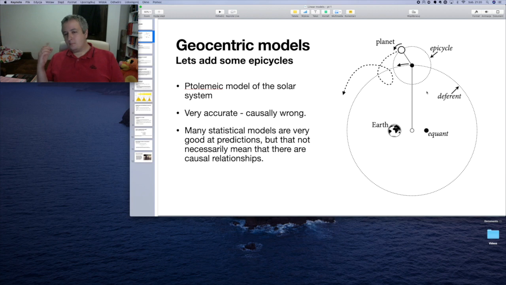So, coming back to Ptolemy, it's important to note that his idea of adding epicycles is not completely without sense.